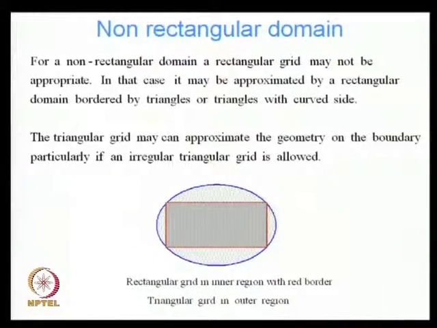Another reason why a free triangular grid is particularly useful is that, consider a real world problem where I have regions of sharp gradients, where my solution variable, my u, varies differently at different locations. In some regions you have a sharp gradient in u, and in other regions u is relatively flat and varies very slowly.